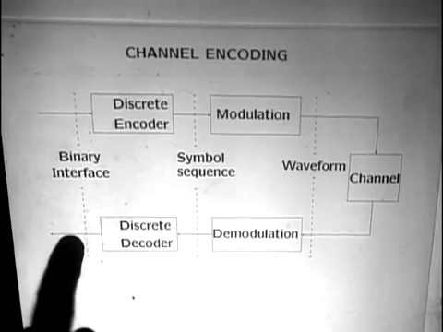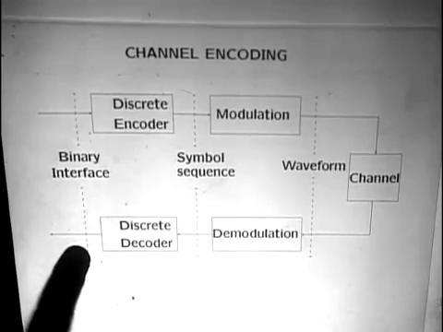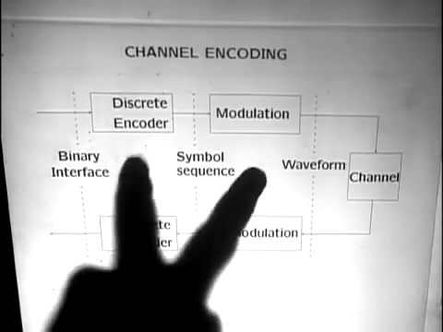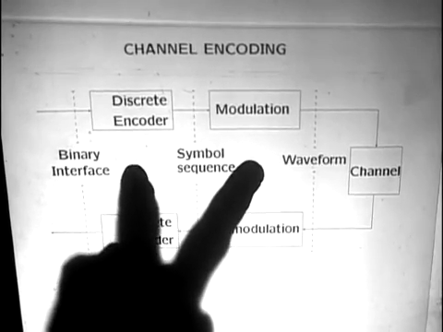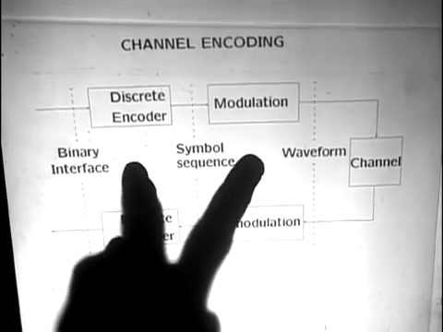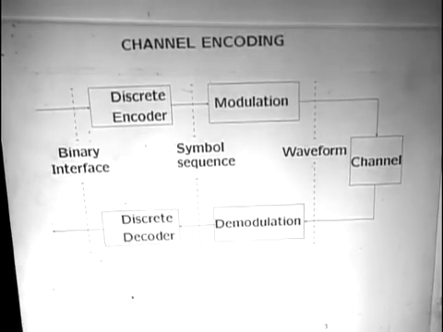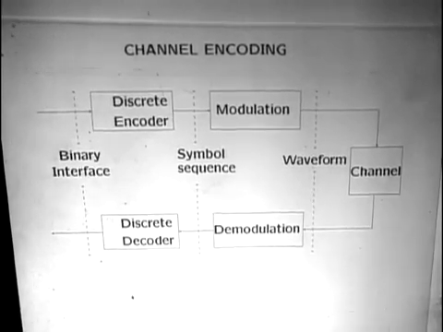And this is the picture of what you get when you're trying to transmit binary data over a channel. And here we've broken down the encoder, as we called it, into 2 pieces, one of which we call the discrete encoder, and one of which we call modulation.